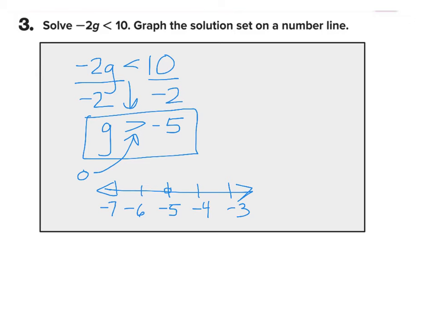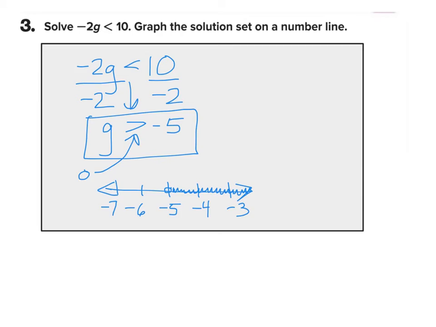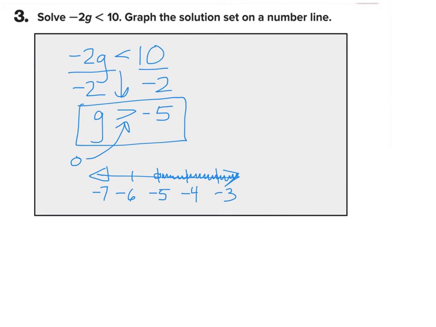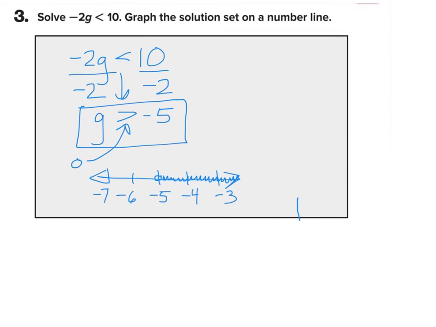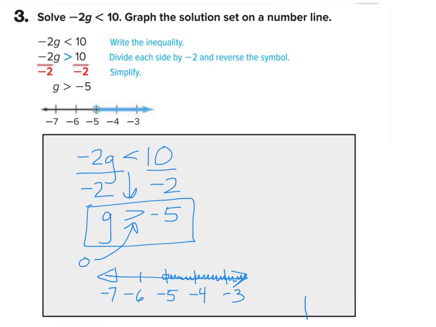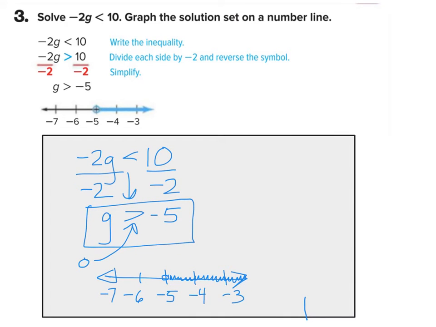So negative 5. And then since g is greater than negative 5, it's anything to the right of negative 5. Negative 4 is greater than negative 5. Negative 3 is greater than negative 5. And so that's how I shaded it in. Let's see if I'm right. Okay. So, yep, the book had exactly what I had for that problem.